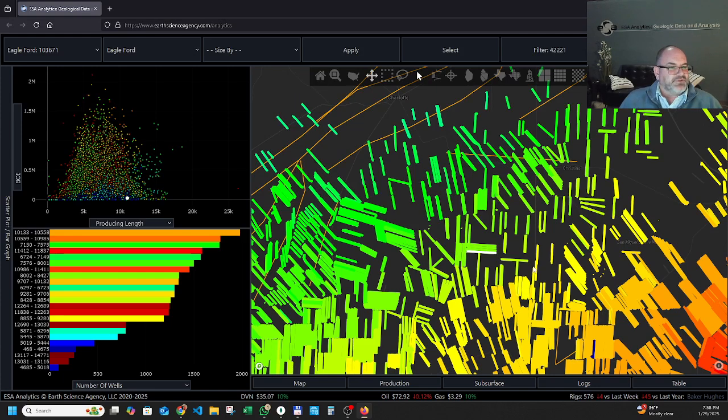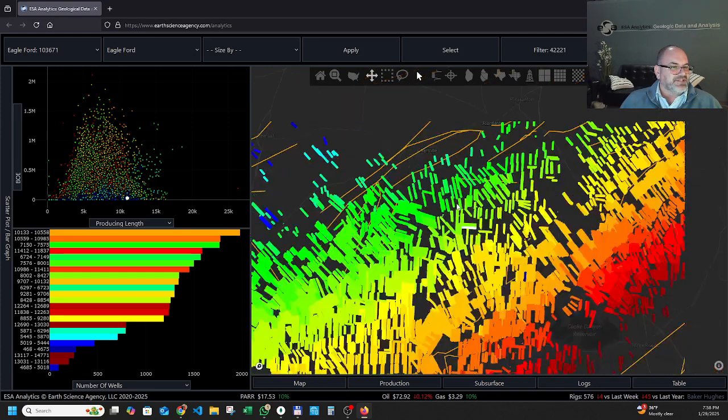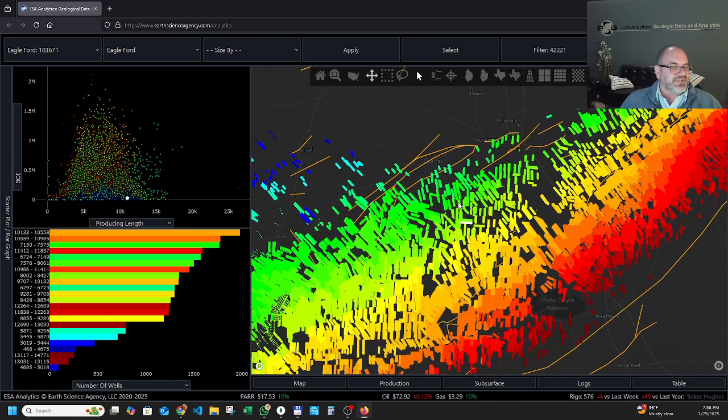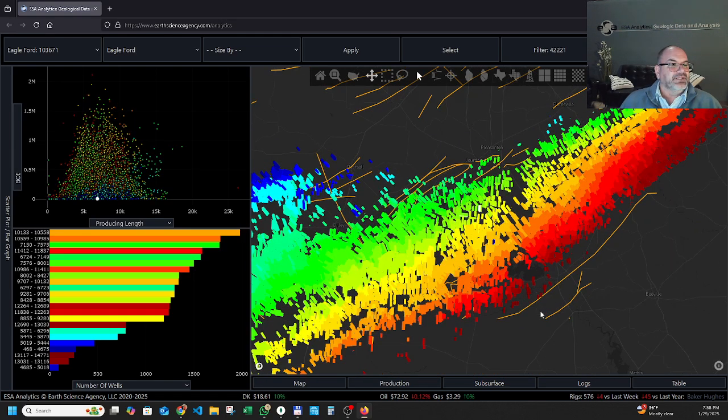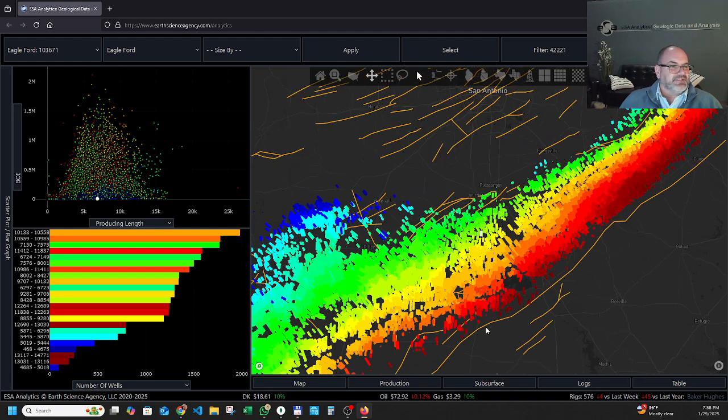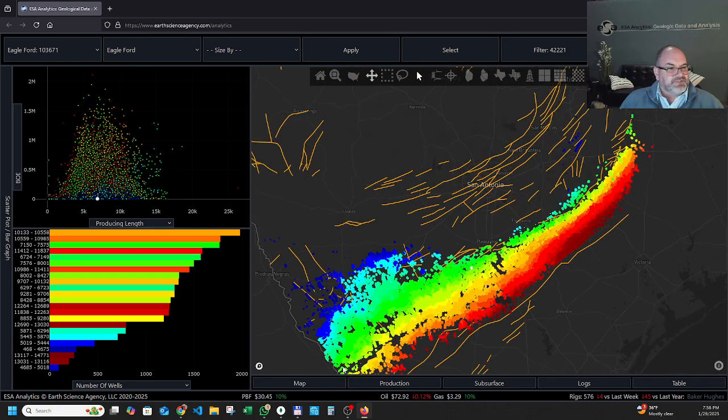And I think that's what you're seeing in this area, just kind of a mishmash of different directions, and I'm sure that has to do with just the land parcels and the mineral rights they were able to attain, and they had to maximize that. But generally speaking, with these mature basins, you can see that they do try to factor in these geologic stresses.